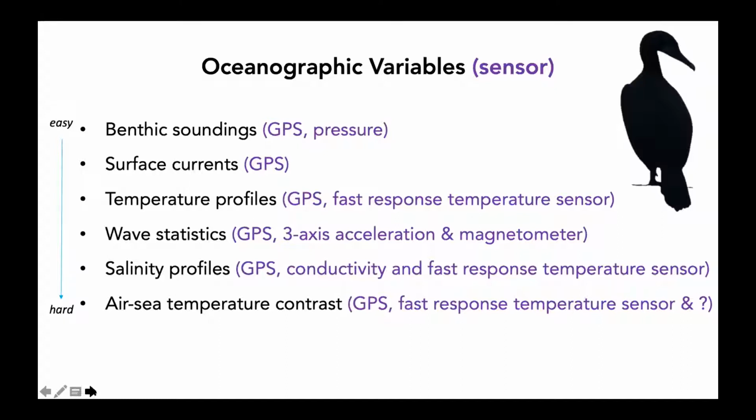Temperature profiles are reliant on a fast response temperature sensor, wave statistics on the accelerometer and magnetometer. For salinity profiles, we need a conductivity and a temperature sensor. And finally, air-sea temperature contrast is something that we would like to measure. We're pretty confident we can measure the water temperature, but there's some complexity in measuring the air.